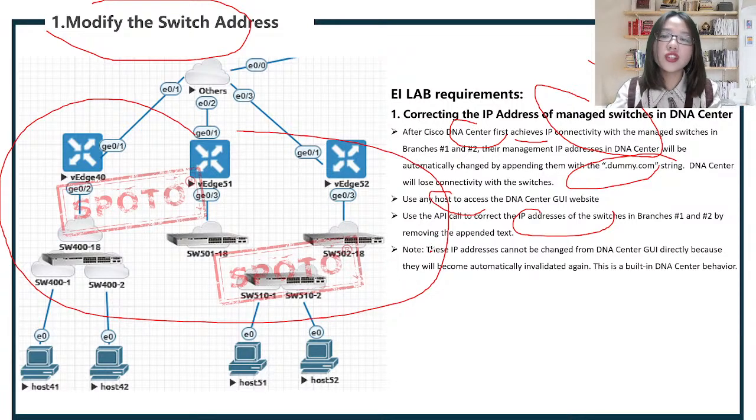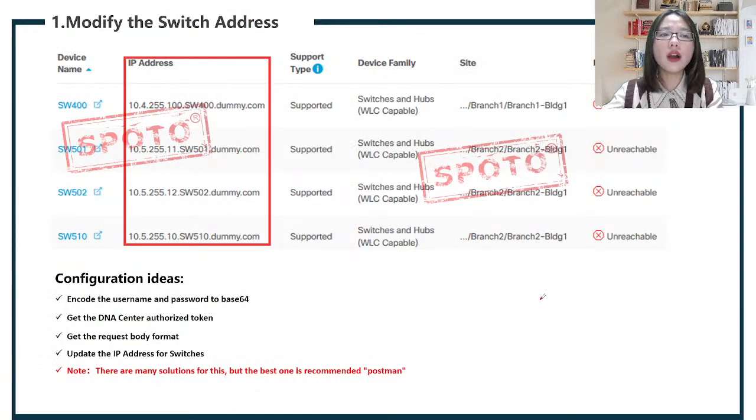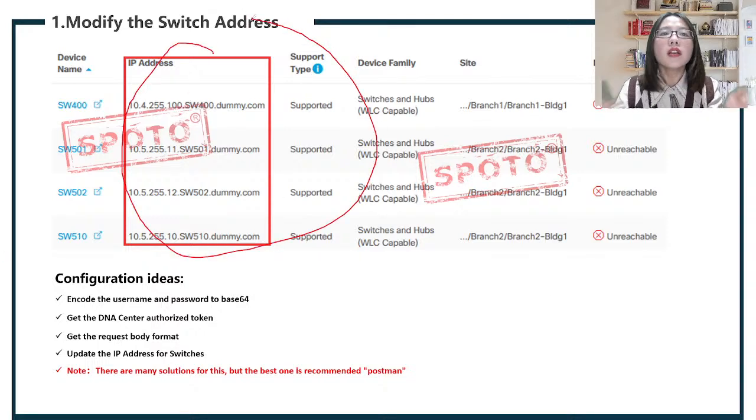But you should pay attention that this IP address cannot be changed from the DNA Center GUI directly because it will become automatically invalidated again. This is built-in DNA Center behavior. So the DNA Center was unable to manage the switches due to the wrong address of 4 switches during the exam.